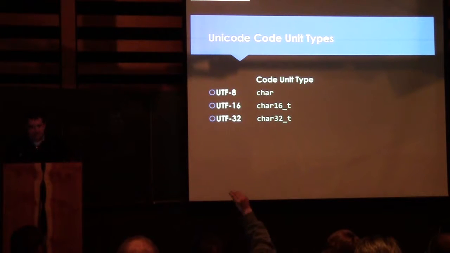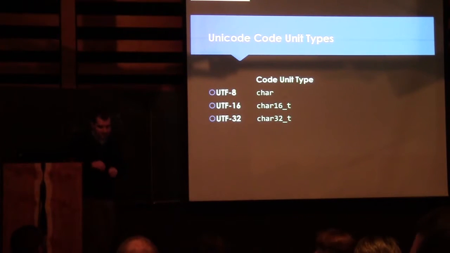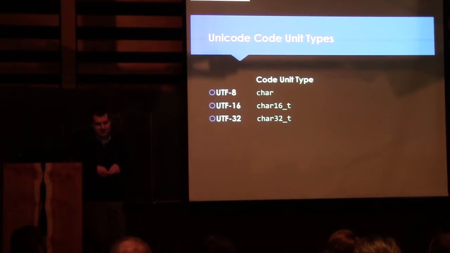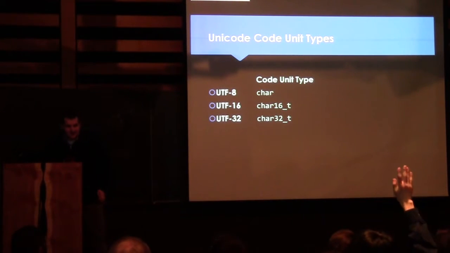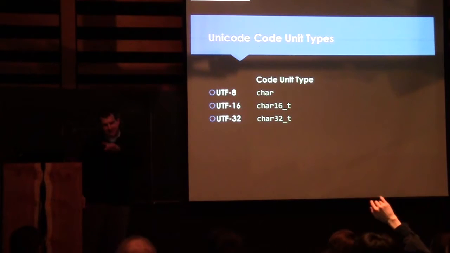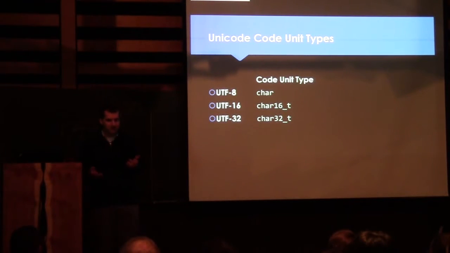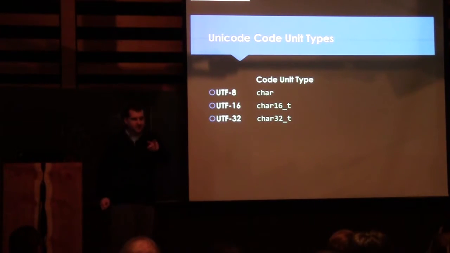Something that has annoyed me since C++11 came out is that UTF-8 is char instead of unsigned char, because we need all 8 bits and we mostly do bit manipulation. Char may be unsigned, or it may not be. The reason for that, and we'll look at it, is largely for interop with std::string.